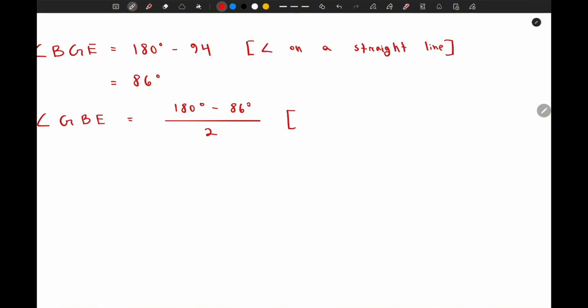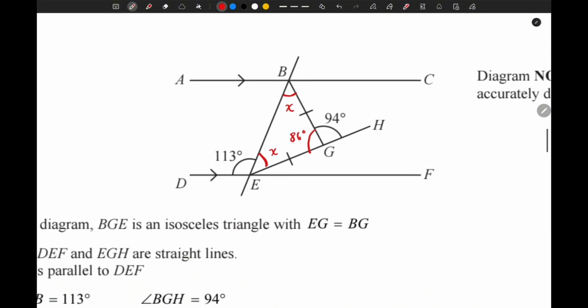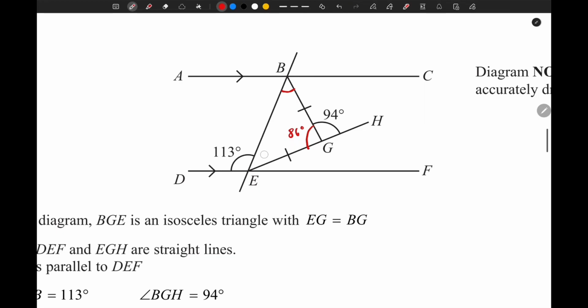So the reason for this would be base angle of an isosceles triangle. You can just write it like this in the exam script. So this is equal to 47 degrees. So this is an angle of 47.